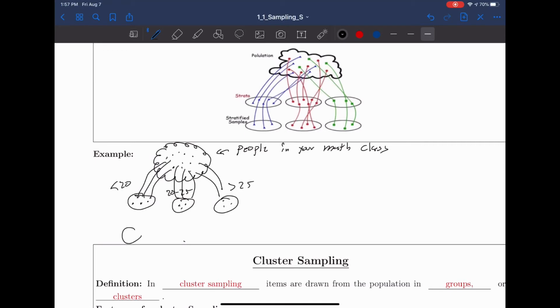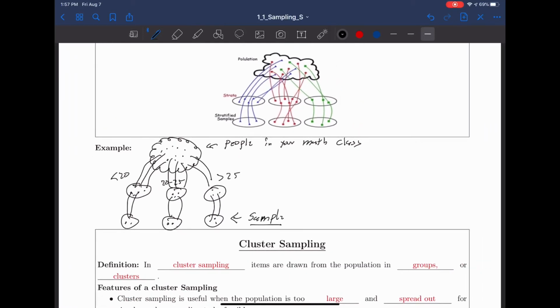And then you want to do a simple random sample from your strata here. So randomly you choose, say 2 people from each category. And then these will be your samples that you're going to work with. So we have 3 layers kind of going on here.